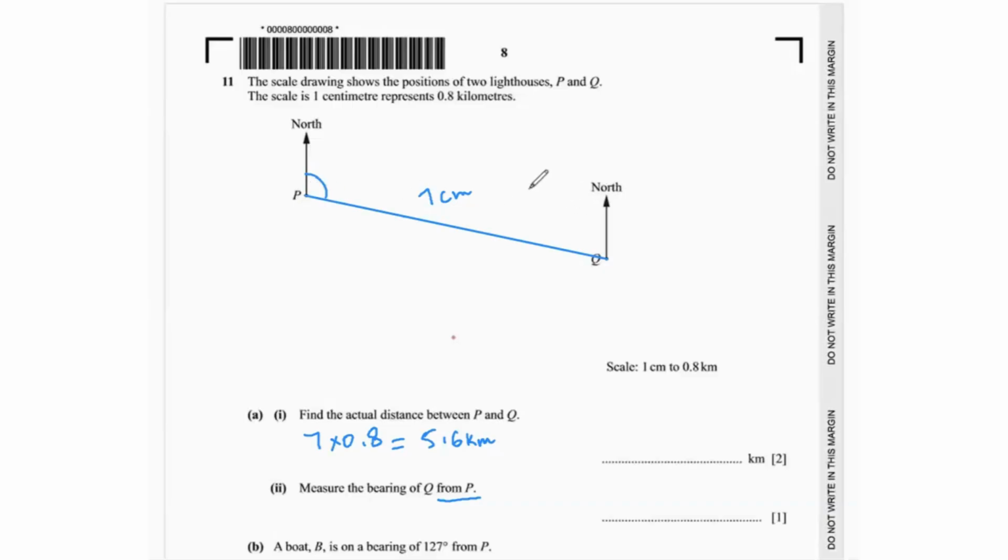And you will always write your bearing as a 3-digit number, not a 2-digit or 1-digit. In this case, it's obviously greater than 90. So I'm assuming it's like 103 or something. Once again, I'm assuming, but you will accurately measure it using your protractor. You cannot assume the values like I'm doing right now.